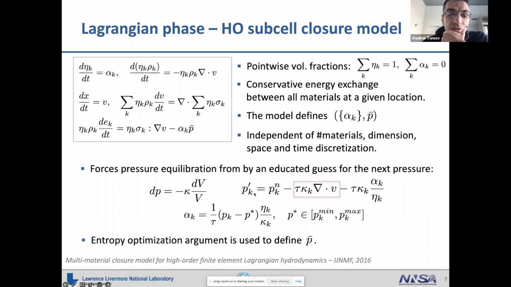So the pressure is a derived field, but you can guess what the next pressure will be, and from that guess, you can say what your volume fractions will be so that the pressures go towards equilibration. This is the idea. Some terms are ignored. There are details in this paper, but that's the main idea. The model must define how the materials evolve and how energy and heating is exchanged between materials.